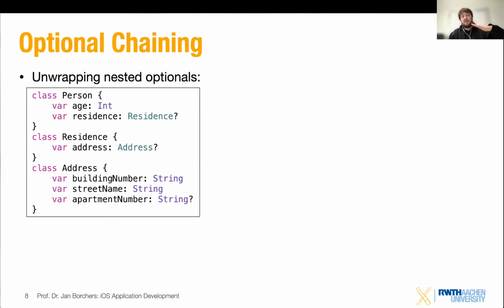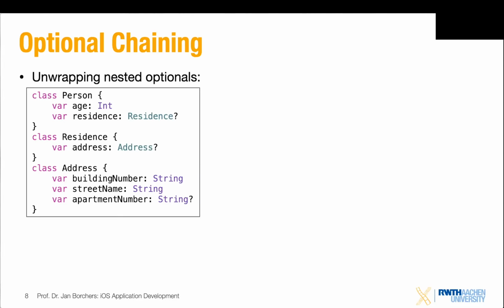So the person will have a property residence, but the residence might be nil, or it will be a residence. Then it might have an address. It will always have the address property in the residence. All right, thank you.